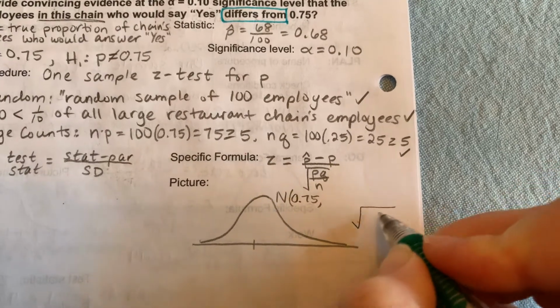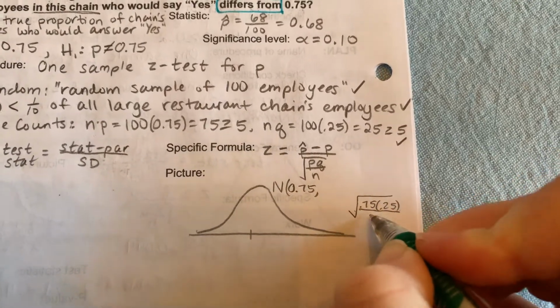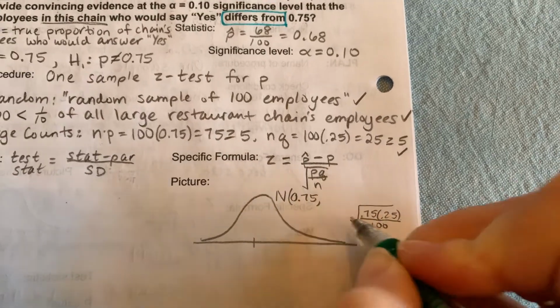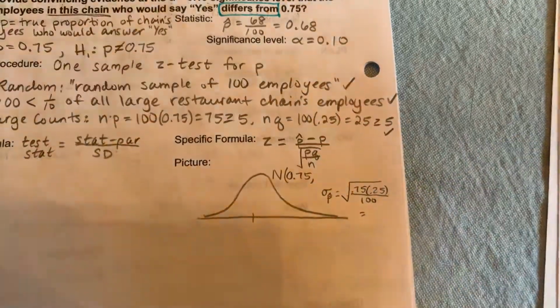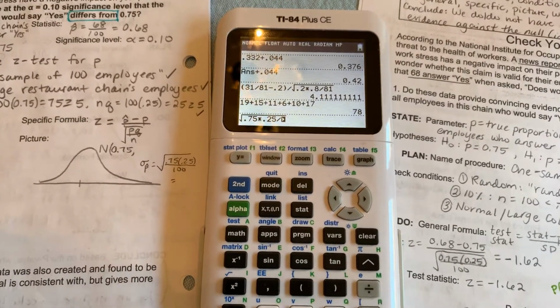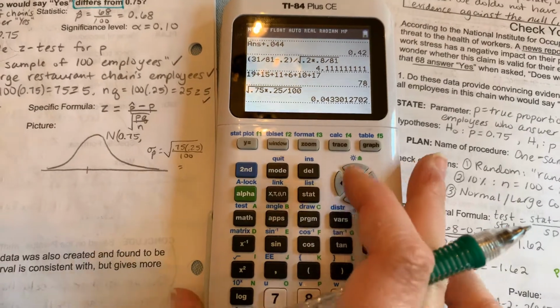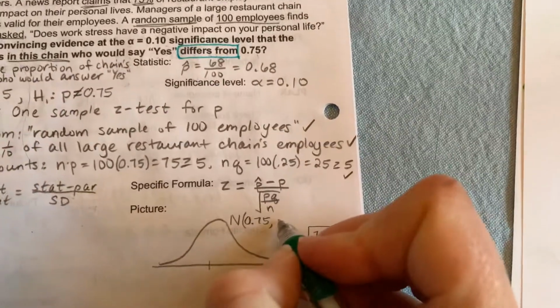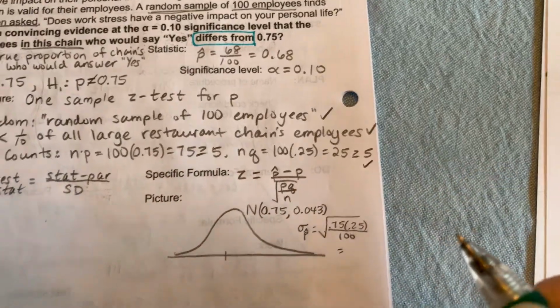So I have the square root of 0.75 times 0.25 divided by 100. Again, that's my standard deviation for p hat. All right, so the square root of 0.75 times 0.25 divided by 100, I get 0.043. Okay, so that's what I'm putting as my other parameter here, 0.043.